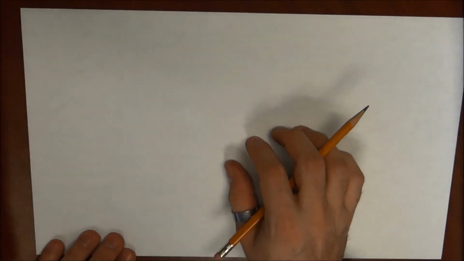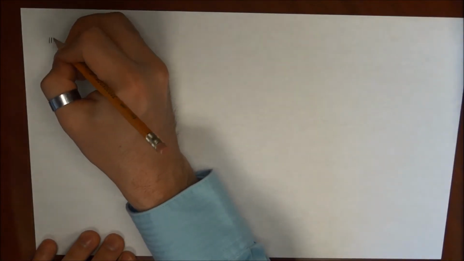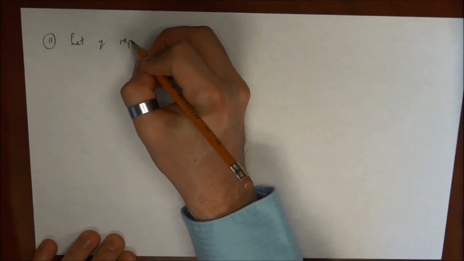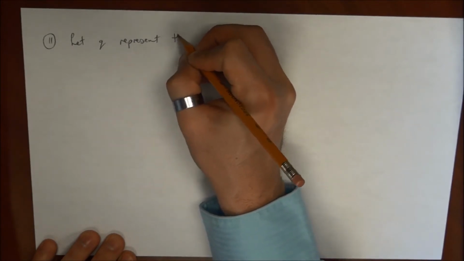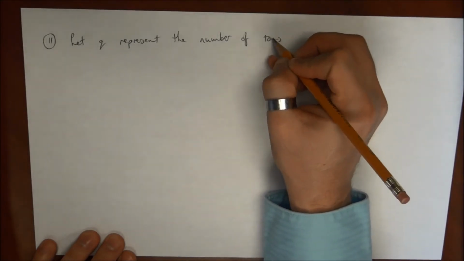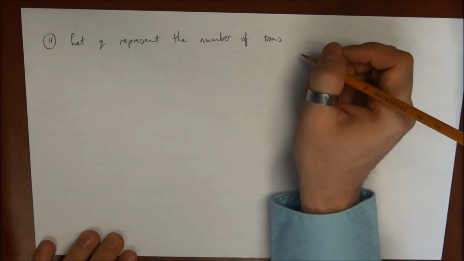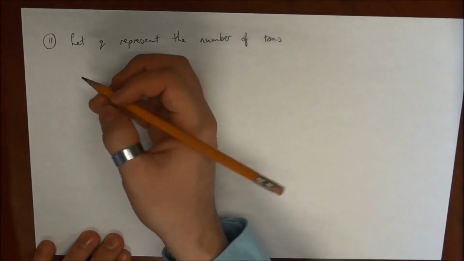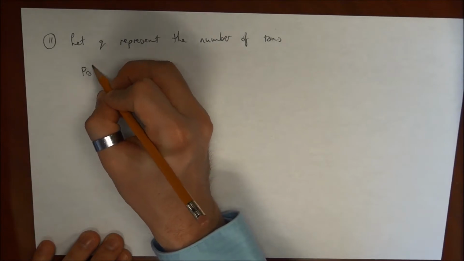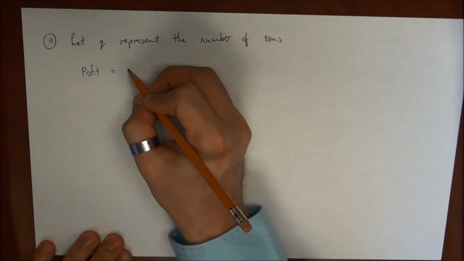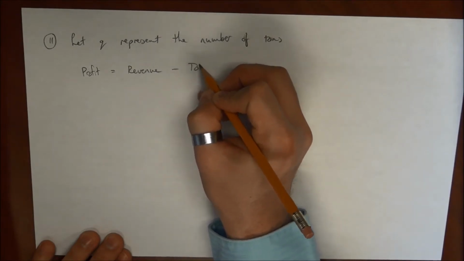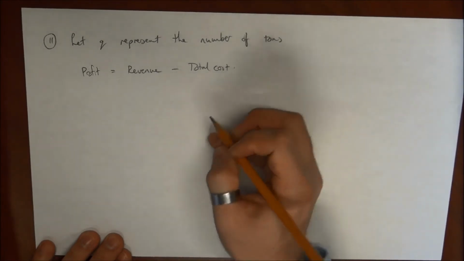So they're asking me how many tons. So that tells me how I should define my variable. Let Q represent the number of tons to produce in a month, or to sell in a month rather. So now I'm using the fact that profit equals revenue minus total cost.